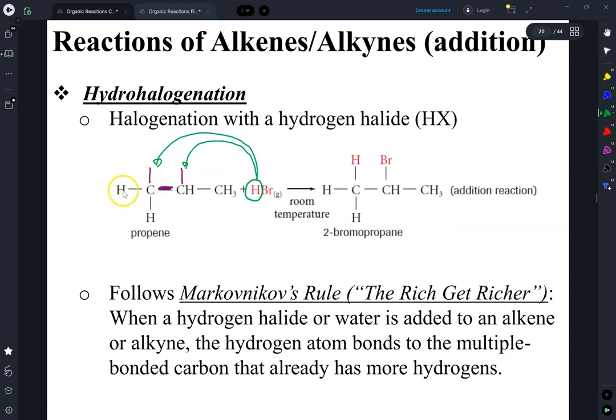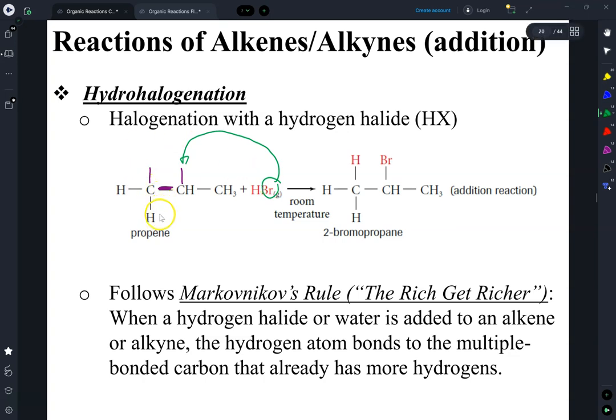Since carbon number 1 is attached to two hydrogens, while carbon number 2 is only attached to one hydrogen, carbon number 1 is considered to be richer and is more likely to have the hydrogen added onto it, making it more saturated with hydrogens or more rich with hydrogens. And once you know where the hydrogen goes, the bromine is going to be placed on the other remaining carbon.